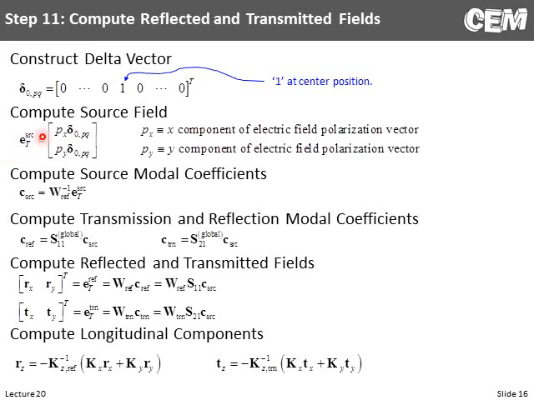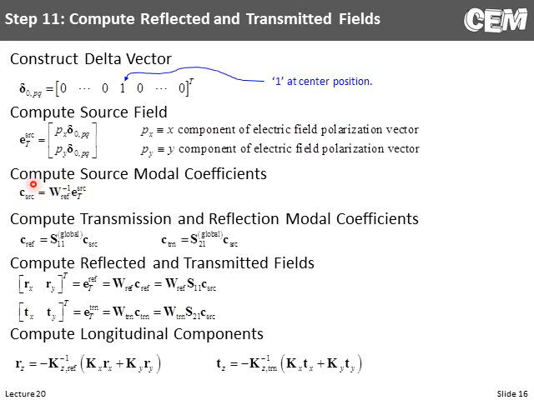Once we know the field, now we need to calculate the mode coefficients of the source. Because remember, our scattering matrices are relating mode coefficients from layer to layer, not the fields directly. So we calculate the mode coefficients by backward dividing the eigenvectors in the reflection region. The reflection region and source region are the same thing. Backward divide the eigenvectors with the source field we just calculated.